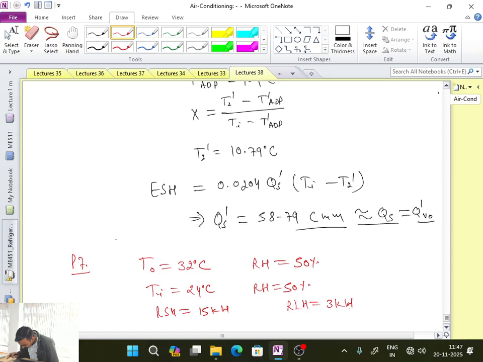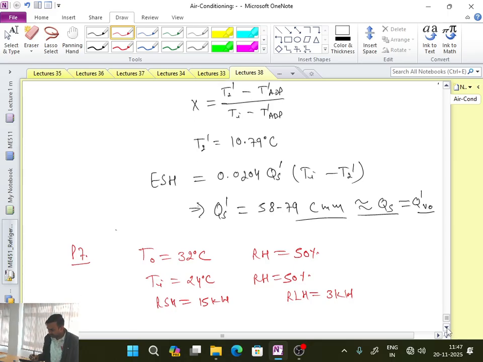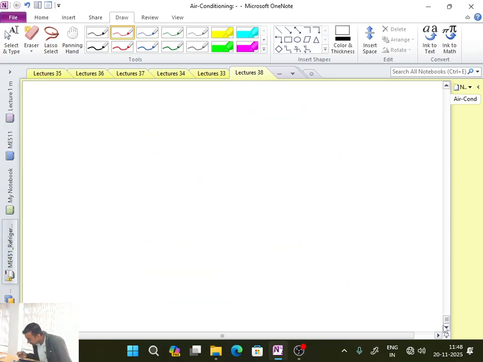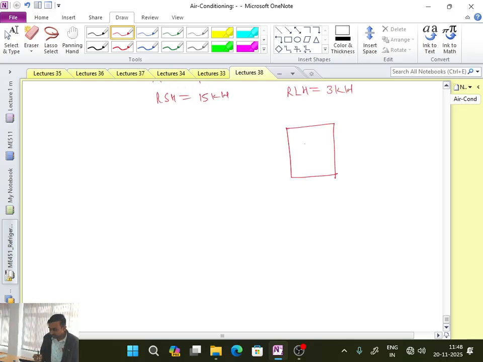Okay. The cooling coil cools only the outdoor air, which is then mixed with recirculated air as shown in the figure. One figure is given in the question, and as per that figure, this is the room. Of course, the room will have Ti conditions. From the room, some air is taken out, however some amount is recirculated.